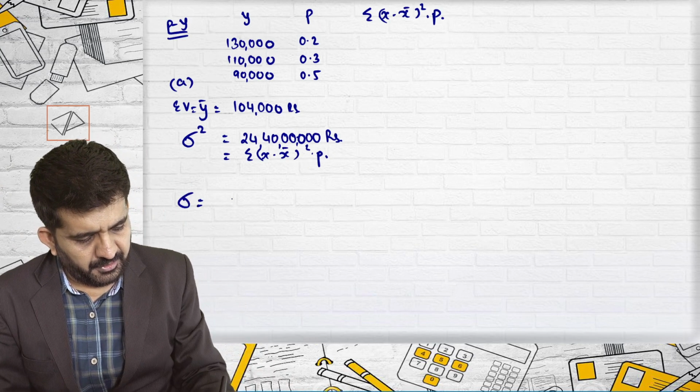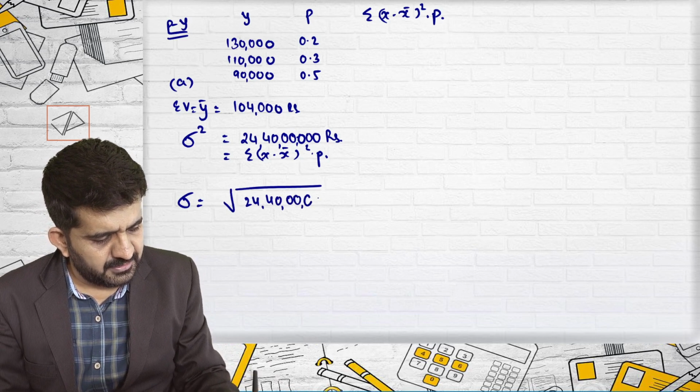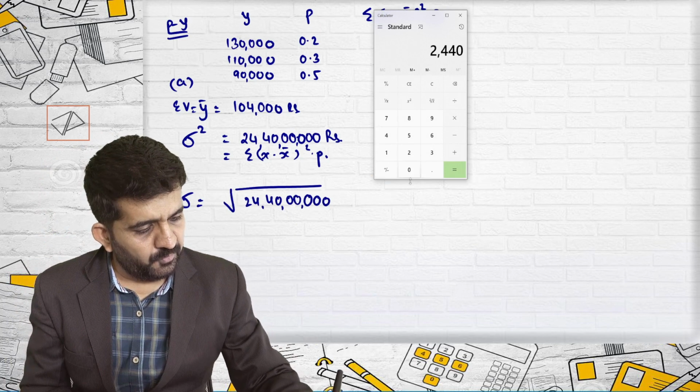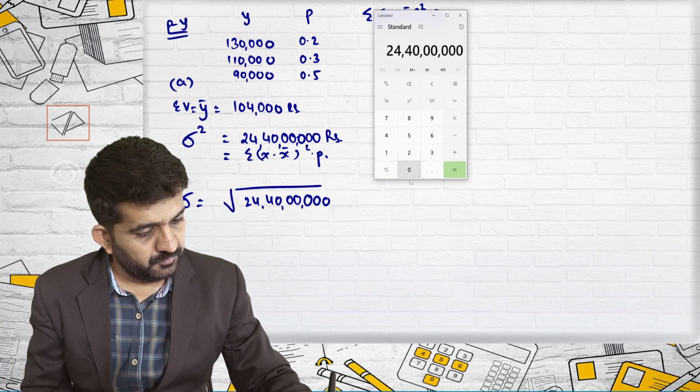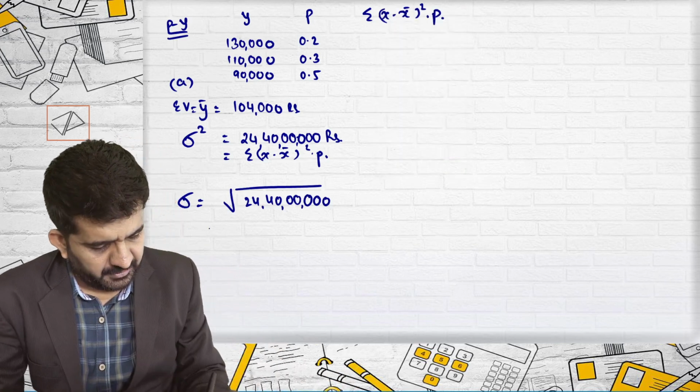Standard deviation is under root 24 crore 40 lakhs, so 24 crore 40 lakhs under root is 15,620.